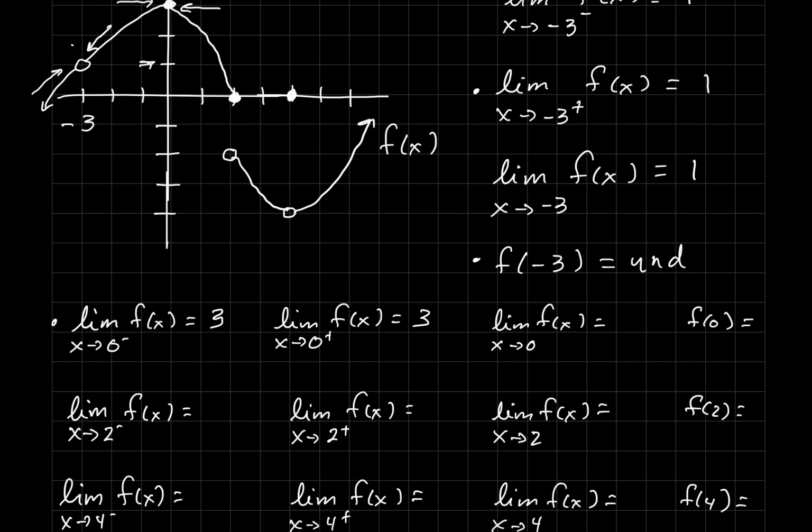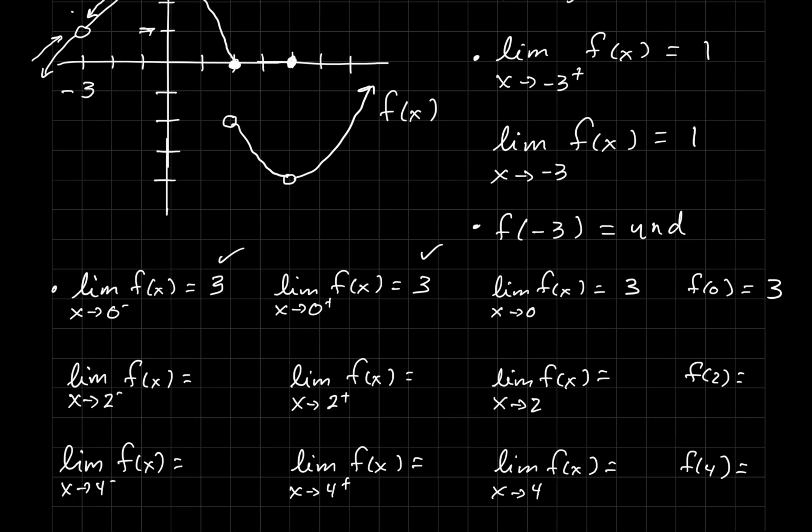The fact that we get to 3 doesn't matter with the limit. But since these two limits, the less than and greater than side, have the same limit, the actual limit is that value, 3. And if I want to find f of 0, well, that of course is also 3.